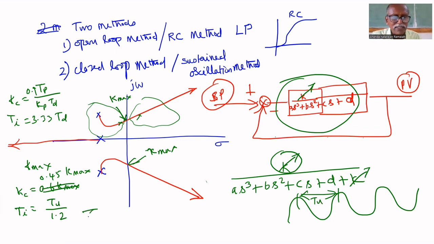This is found by Ziegler-Nichols. Two scientists found this, one named Ziegler, another named Nichols. That's why it is called the ZN formula, the ZN thumb rule. They found it in 1949. At that time, no electricity.